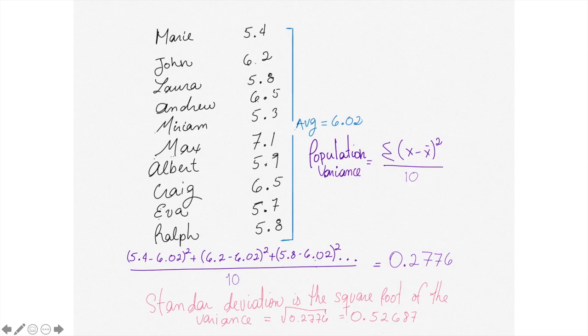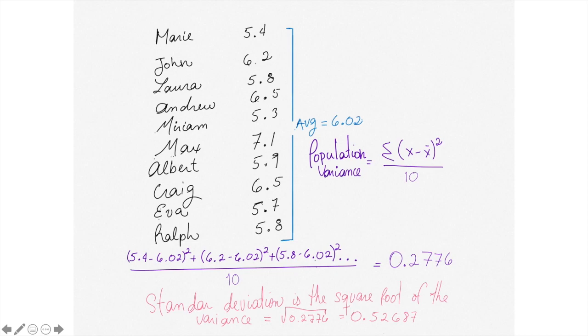If we grab our sample, the variance would be equal to the sum of each of the observation's values minus the mean of the sample squared. We sum all that up and we divide it by the number of people in the sample minus 1.